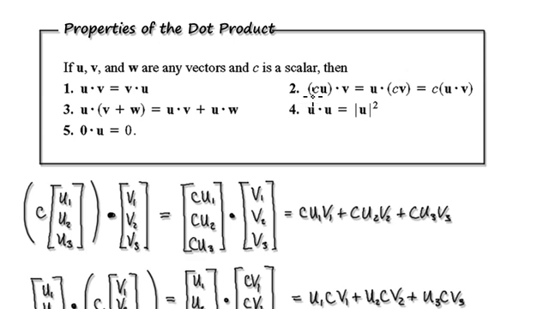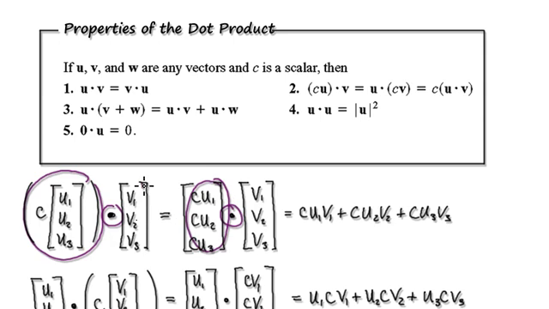Just looking at this bit here only, let's multiply this first. This times this gives you this, and so on for each component. So this whole thing here will then become this.